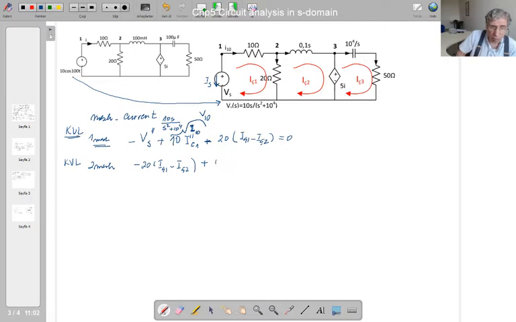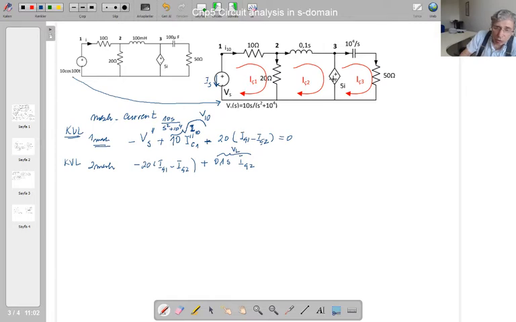So the impedance 0.1s multiplied by the current of this element. In terms of mesh current, it is equal to IC2. Why is that? Directions are the same and there is only one mesh current passing through this element. So IC2. That is the voltage of the inductor.